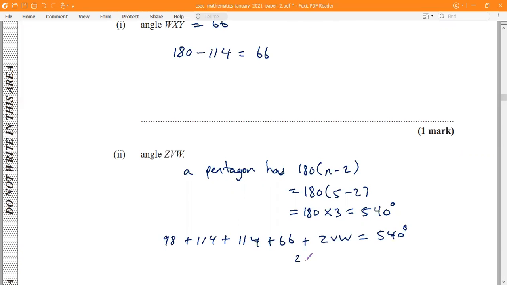So we can now work out angle ZVW. You just add up the angles on the left of the equal sign: 98 plus 114 plus 114 plus 66 is 422.